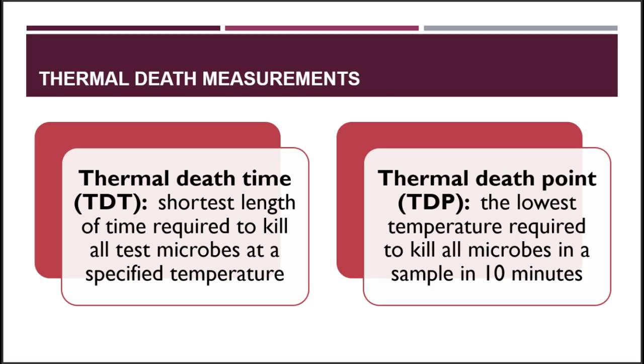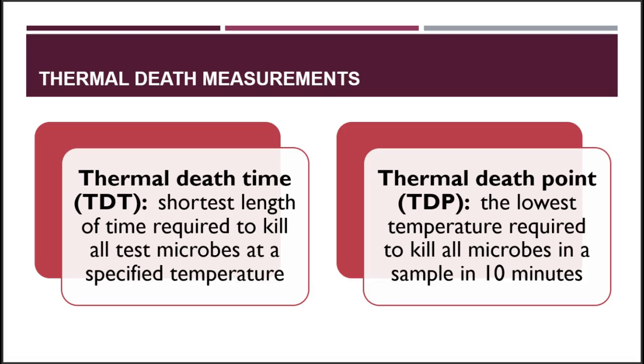When we're talking about heat and death of organisms, we need to address these two different points. Thermal death time is the shortest length of time that's required to kill all test microbes at a specified temperature. The thermal death point is the lowest temperature required to kill all microbes in a sample in 10 minutes.